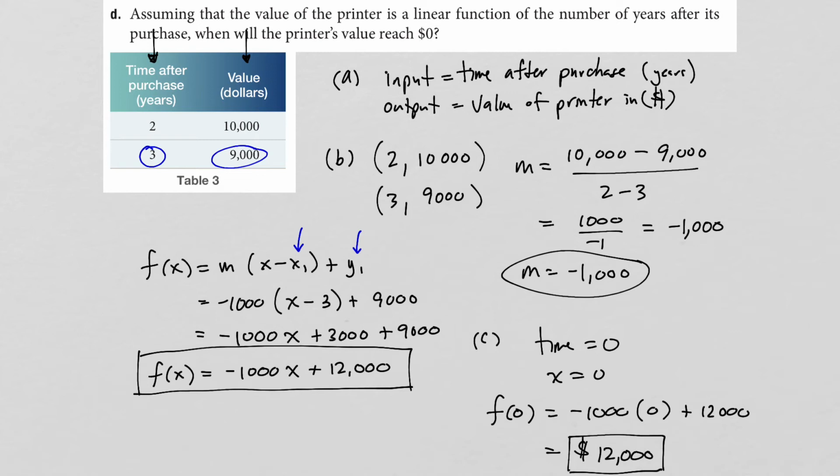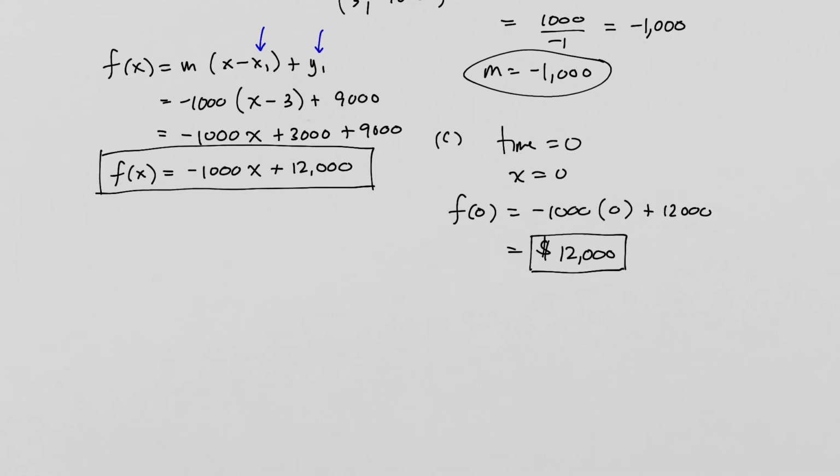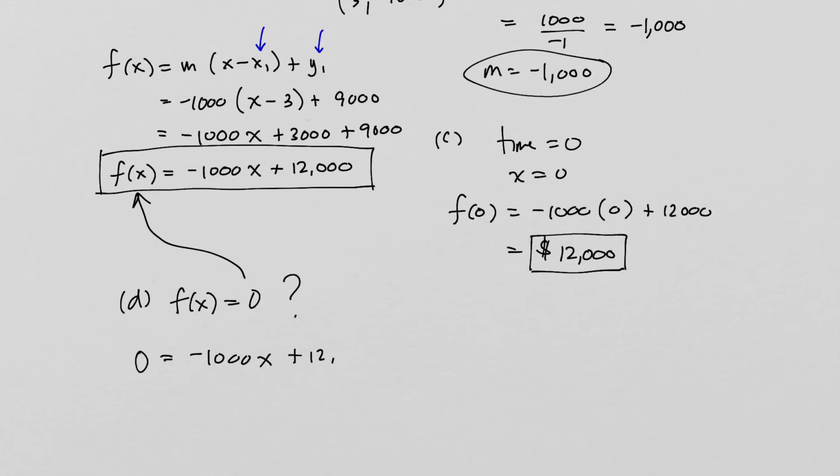And in part D, it says, assuming the value of the printer is a linear function of the number of years after its purchase, when will the printer's value reach 0? So in part D, they're asking when is f of x going to be equal to 0? So that just means we need to plug in 0 for f of x and then solve for x.